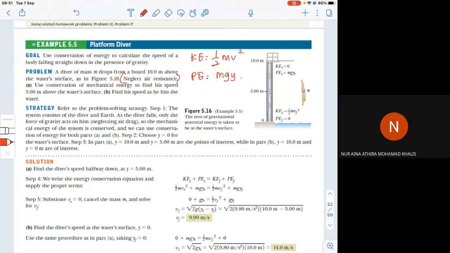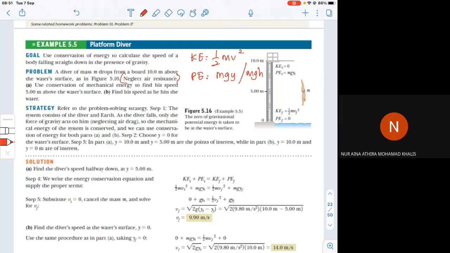Because y exists, normally we put it as y, meaning the height, or maybe somebody will use mgh. So KE depends on the speed of the object, and PE depends on the height of the object.